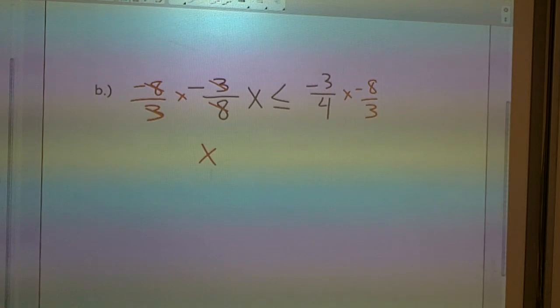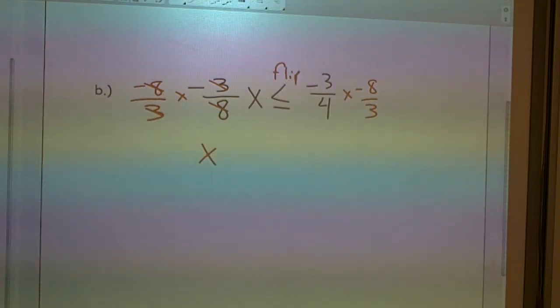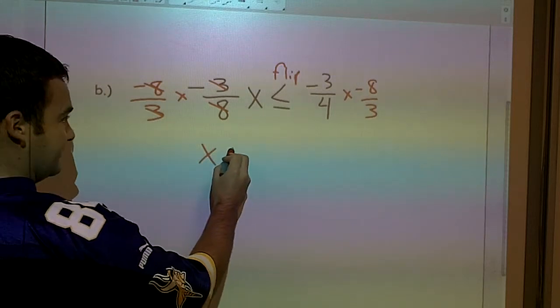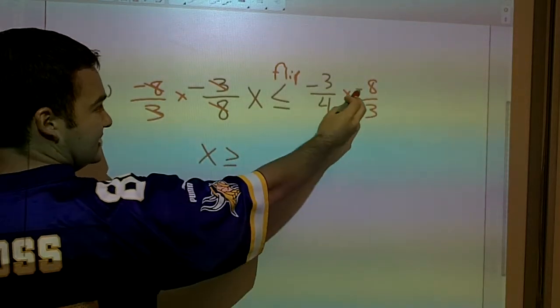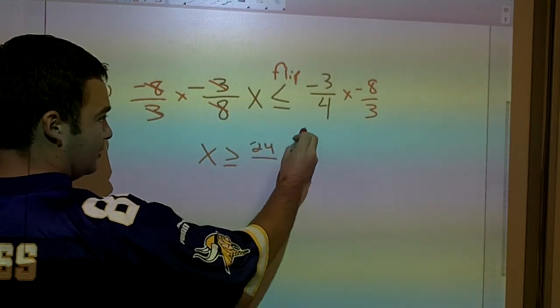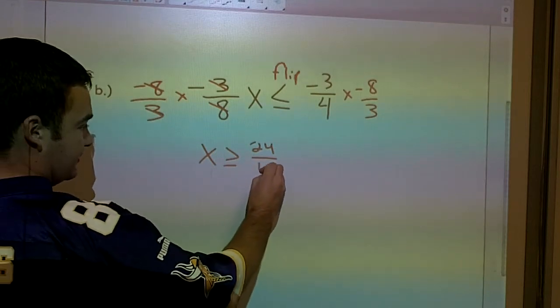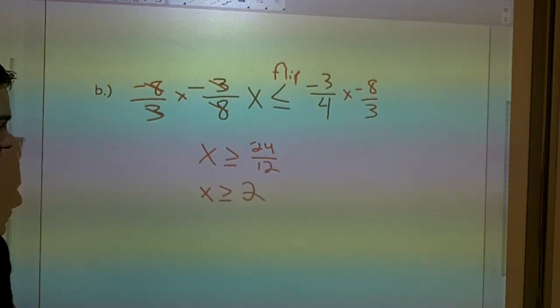We need a sign flip, since we're dividing by a negative fraction. x is now greater than or equal to negative 3 times negative 8, that's 24, over 4 times 3, which is 12. X is greater than or equal to 2.